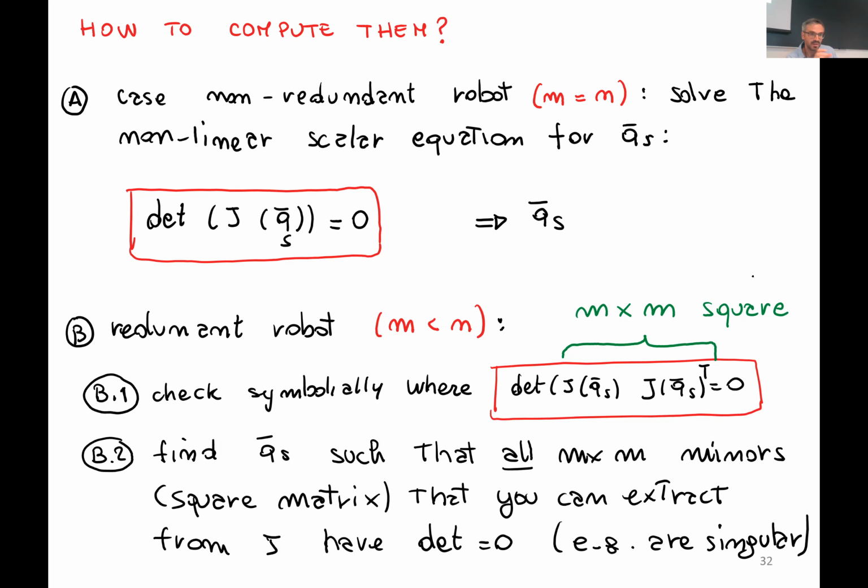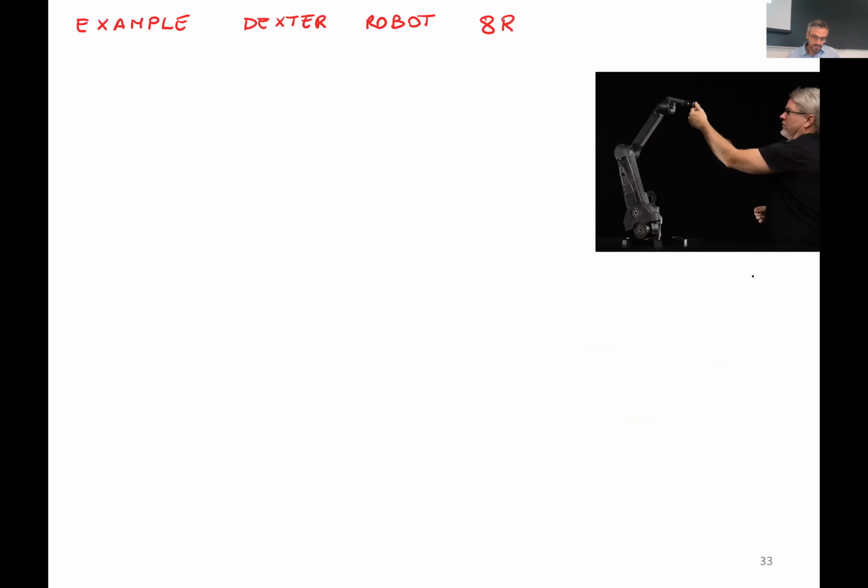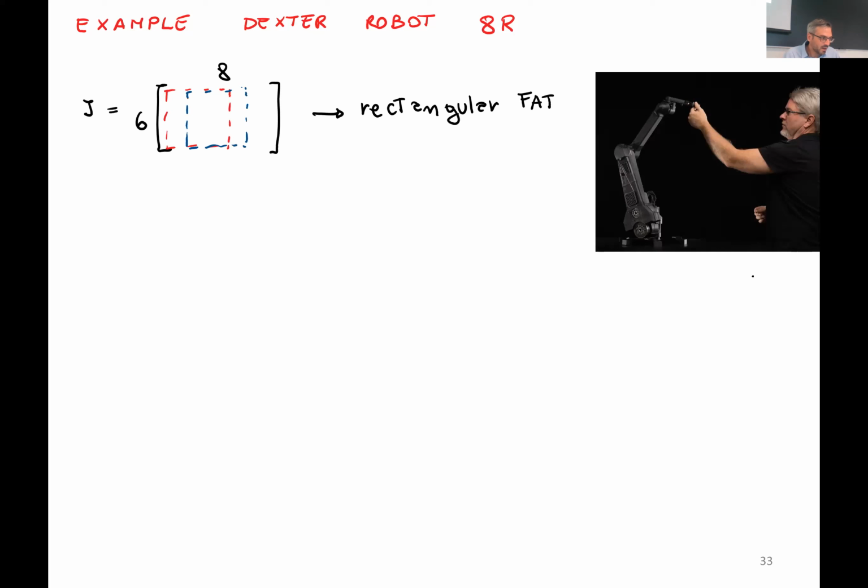So you can extract all the square matrices from the Jacobian and check for which configuration all of them have determinant equal to 0. But think about, for example, a Dexter robot that has 8 degrees of freedom and has a Jacobian matrix of size 8.